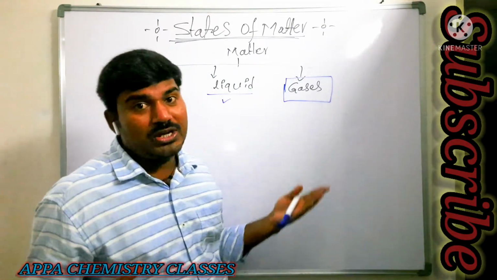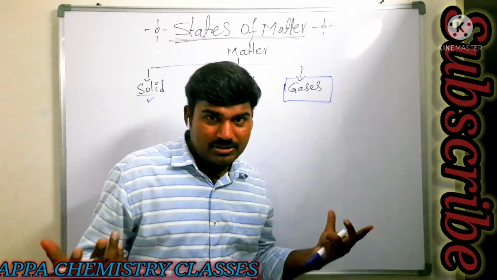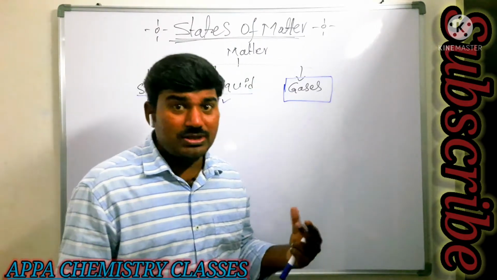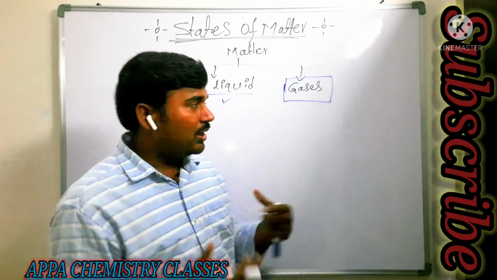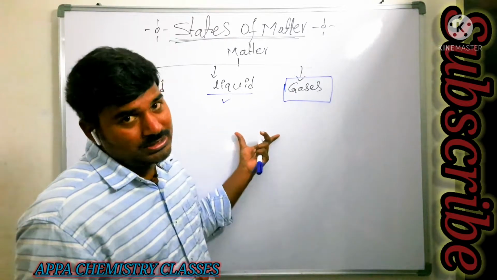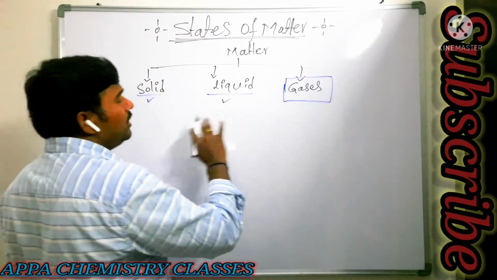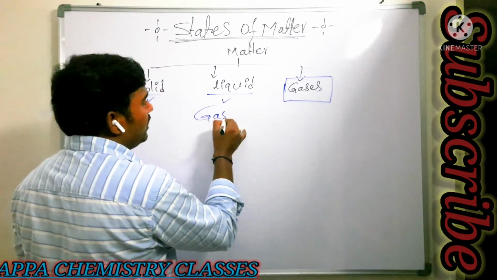So different states of matter exist, and it mainly depends on the conditions, what temperature and what pressure we are maintaining. At normal temperature and pressure, matter will exist in these three states. In this chapter, we are going to discuss only the gaseous state of matter.